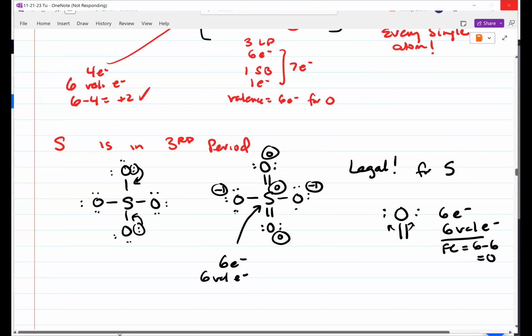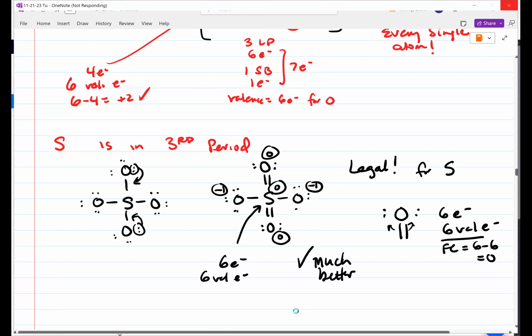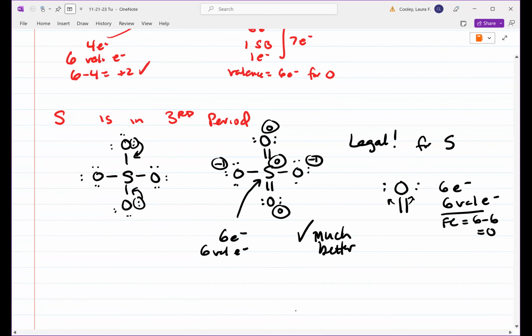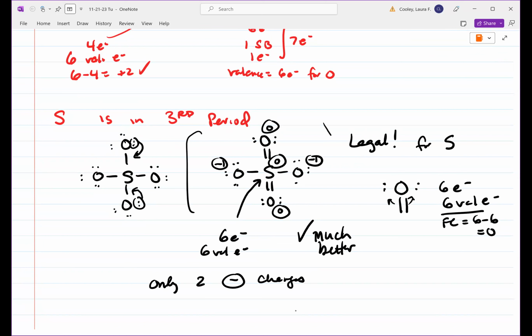And that is actually a better structure. That's much better from the point of view of formal charges, because you only have 2 negative charges. You have -1s, so you have only 2 negative charges. You know you're going to have negative charges because this thing is an ion with a -2 charge.